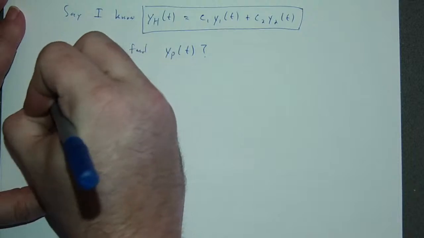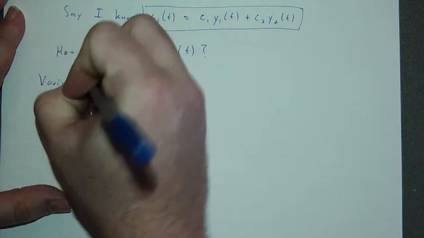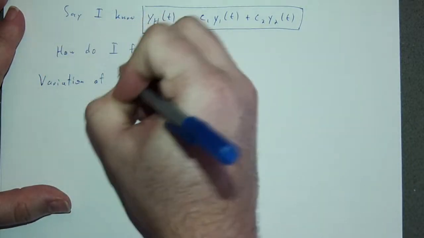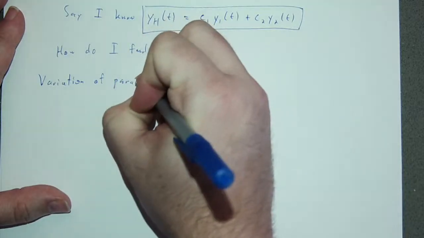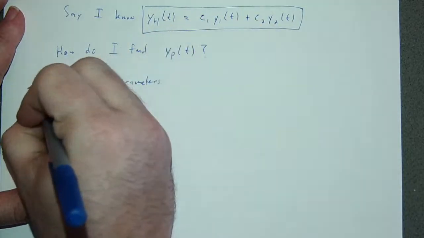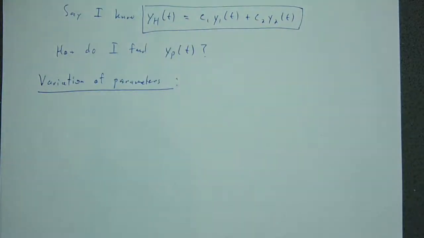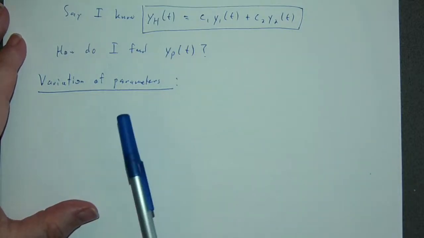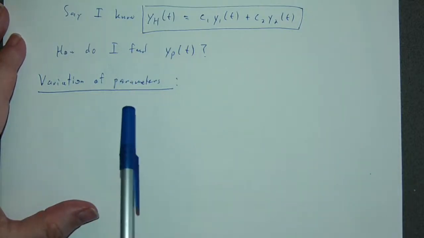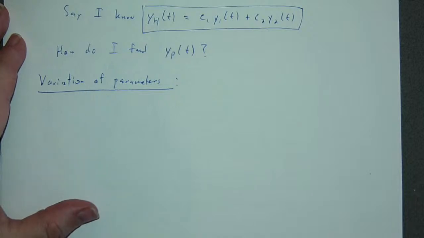The method that I use to do this is called variation of parameters. Once I explain to you the name, then you won't forget how this goes. Variation of parameters means that I am taking parameters and varying them, right?